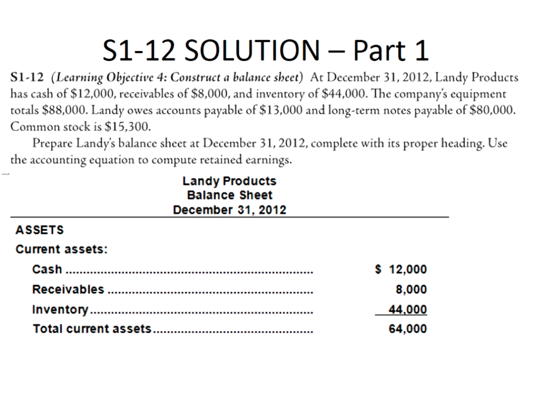We have receivables of $8,000, inventory of $44,000. Now we have a distinction with assets between two types of assets. We have current assets and we have long-term assets. Current assets are all assets that are going to convert into cash, basically, or be used up within a year.